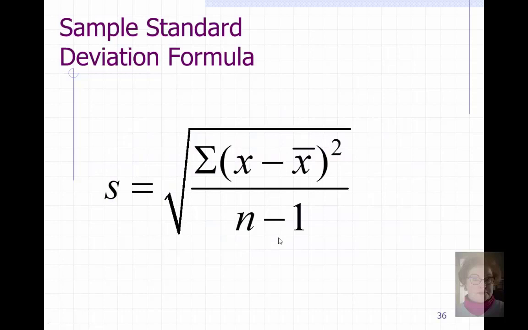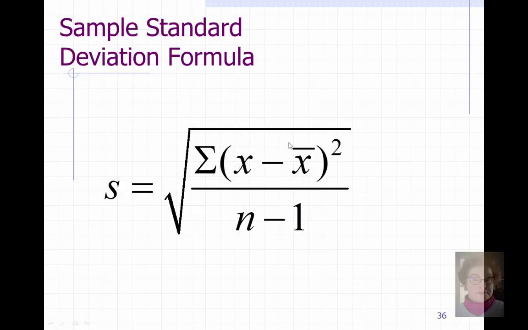Here is the formula. Now, order of operations is very, very important. So remember, we're going to go to the innermost calculation first. The first thing you do is you take each individual score and subtract it from the mean.